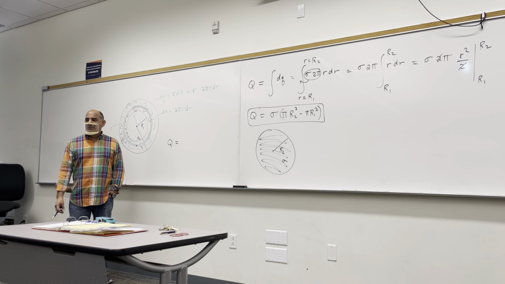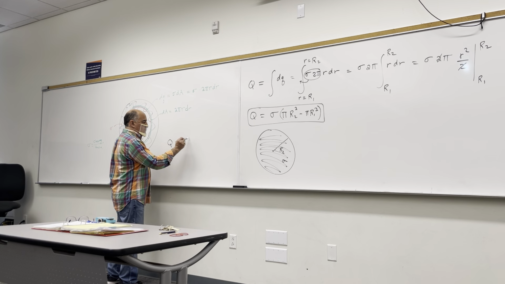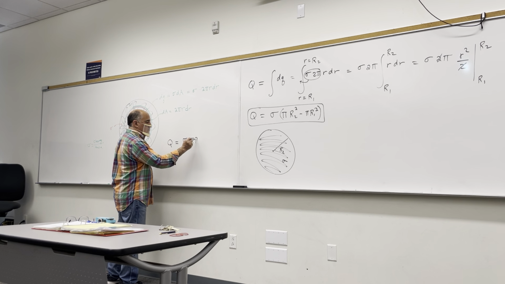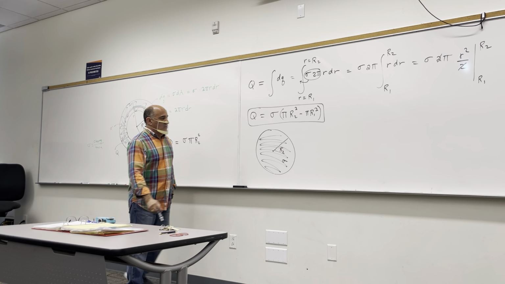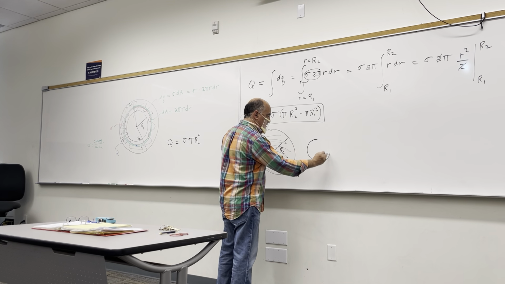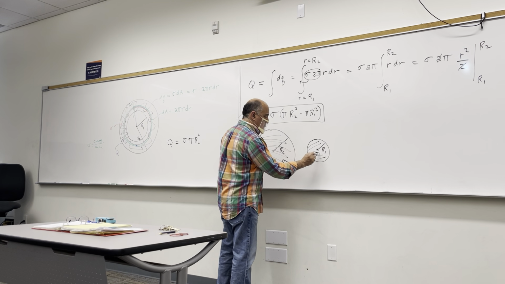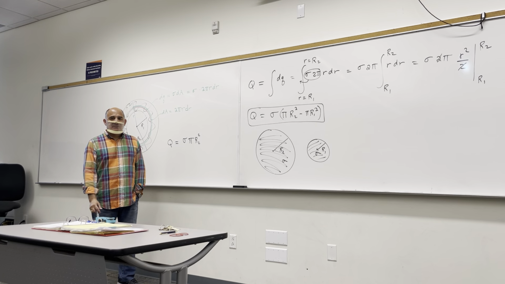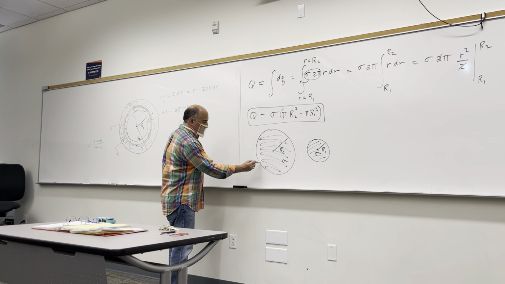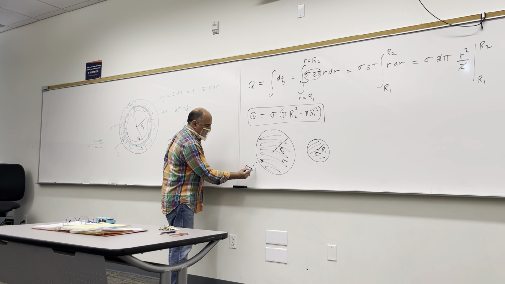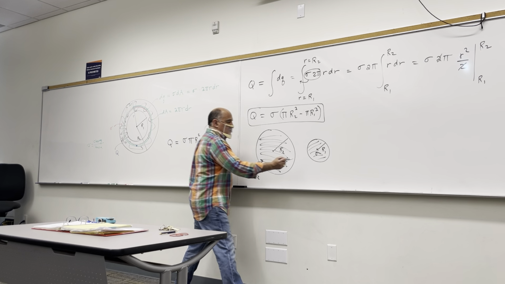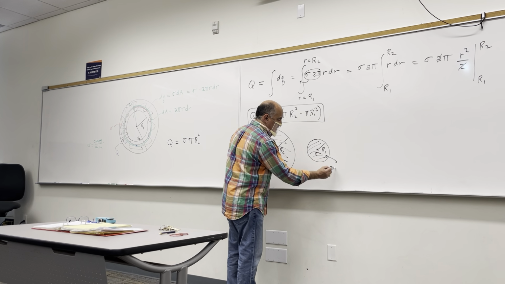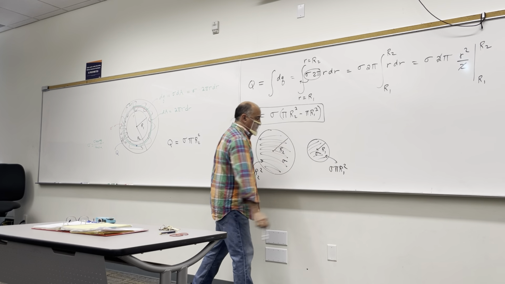In terms of those parameters, it's sigma pi R2 squared. Now, what's the charge in the disk of radius R1 with the same charge per area sigma? Sigma pi R1 squared. So the charge in this is going to be sigma pi R2 squared, and the charge in this is going to be sigma pi R1 squared.